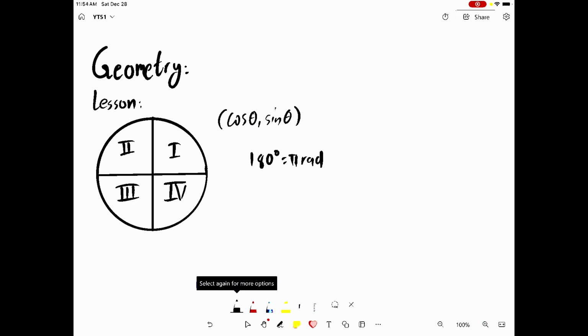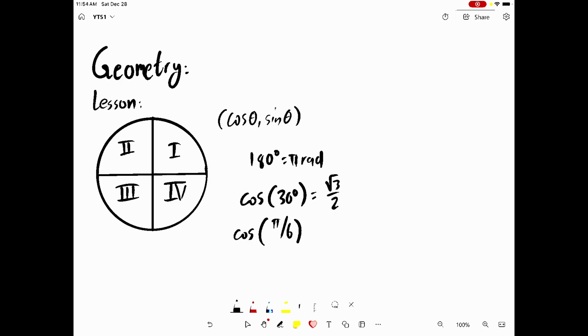So 30 degrees is pi by 6 radians. The cosine of 30 degrees, or pi by 6 radians, is equal to the square root of 3 divided by 2. The reason I'm doing 30 degrees is because it's slightly easier, but normally in trigonometry and when we get into more advanced geometry, it's much easier to use radians because it'll help us understand pre-calculus and calculus.